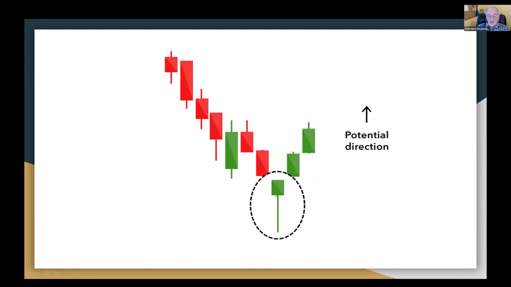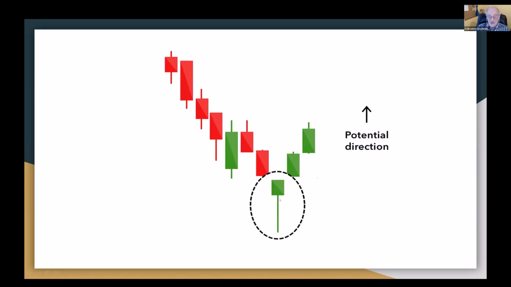The most important thing is this wick, which must be really long, and the minimum of this candle must be the minimum of this area. So if you see something like this inside the move, it's not a hammer. You see, this is not a hammer because it has a big body and a wick of the same size.